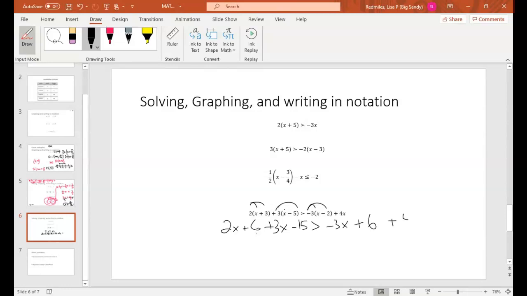And then I had +4x at the end. If I just rearrange it, I don't have to worry about the negatives. I don't have to worry about flipping the inequality. Right now I'm just rearranging. 2x and 3x are good to go on the left. This minus 3x becomes a plus 3x and moves to the left.